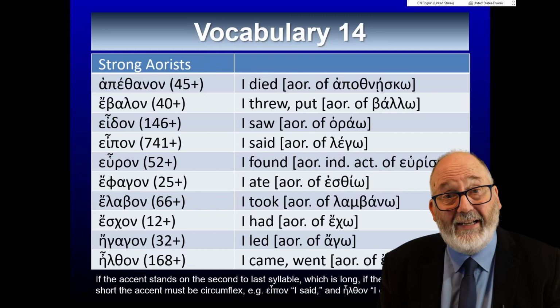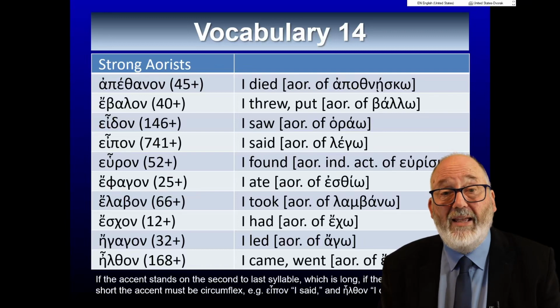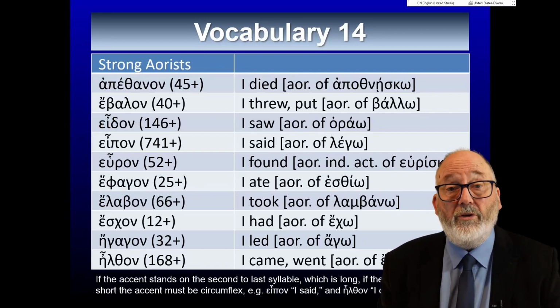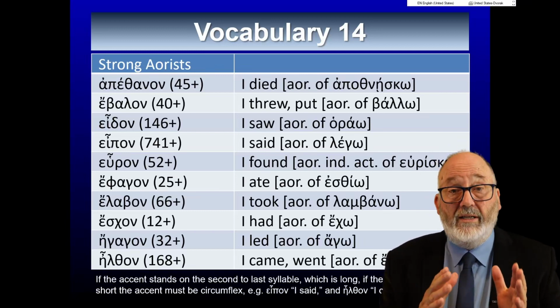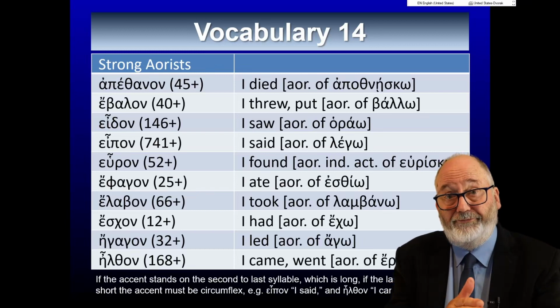There's one little detail about the accent that you may want to notice as we look at this vocabulary. And it goes back to the rules of accents on verbs. And you may well remember there were two rules. The first rule is the accent goes as far as possible from the end of the word. Well, we don't need to worry about that.